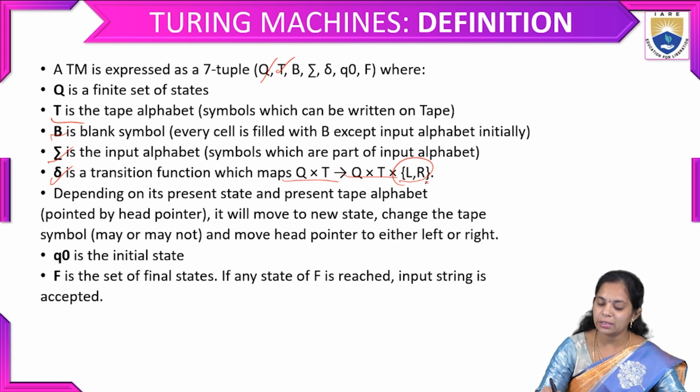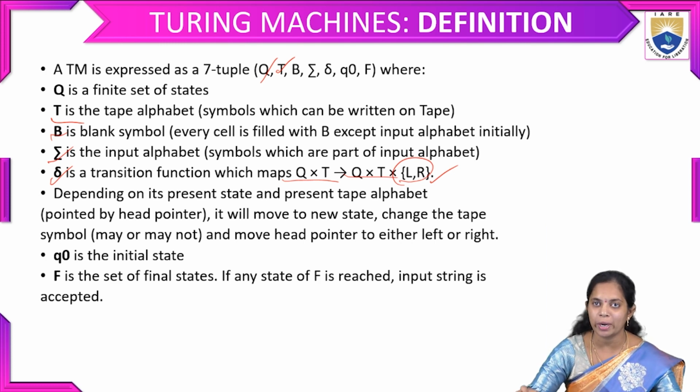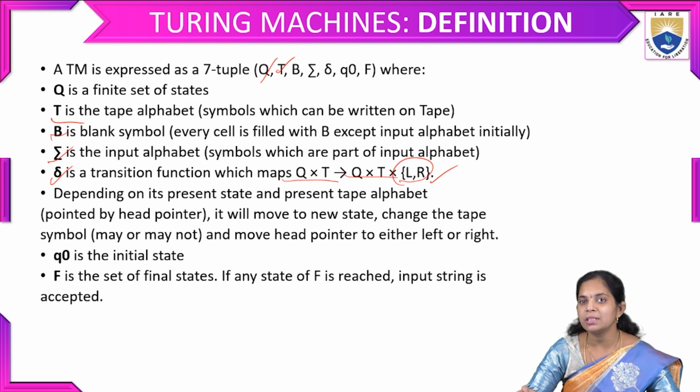In the transition function, on the right-hand side we have one more option, move left or right. Based on the transition function and the tape values, we move left or right, according to the algorithm given for the logical language.